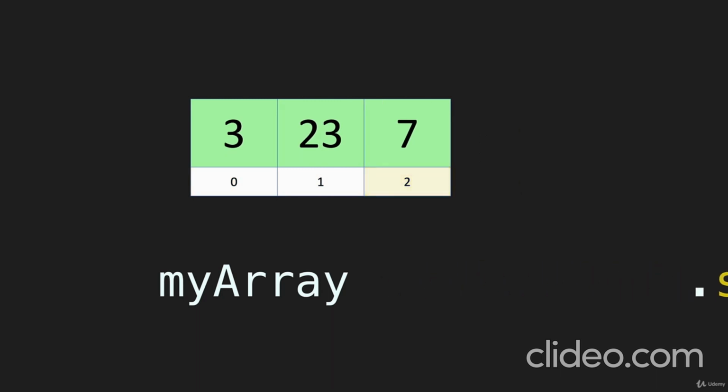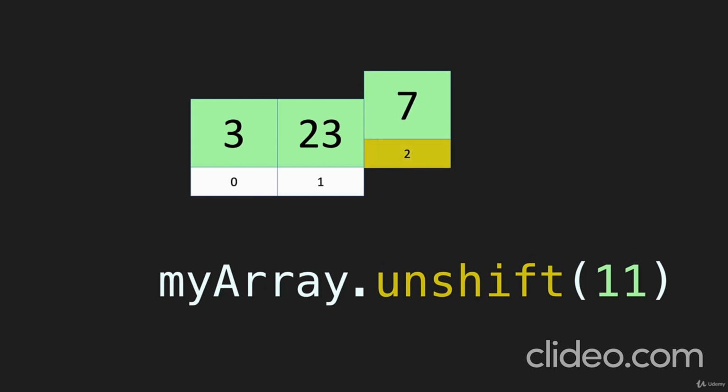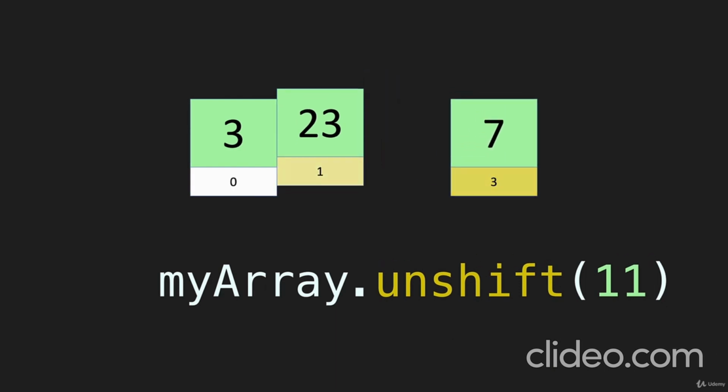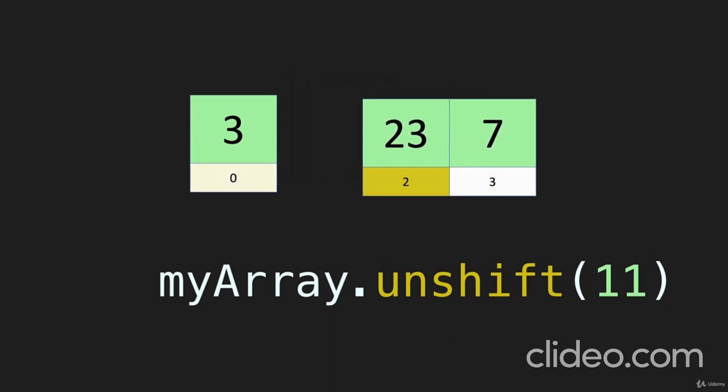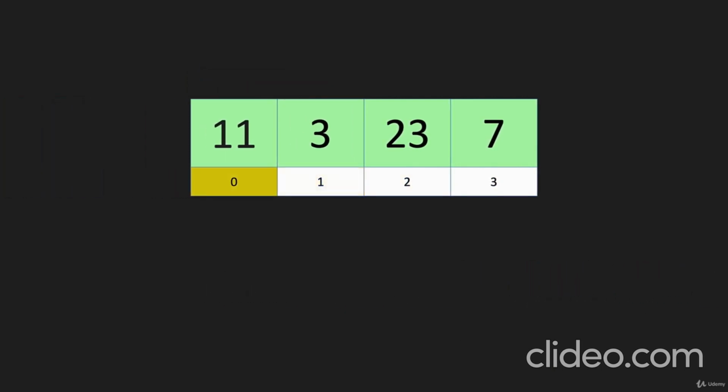Likewise, if we do an unshift and we bring that 11 back, we have to reindex everything in the array all the way down just to be able to bring this back. Not a big deal when we have a small array like this, but if we had one that had thousands of items, that's a lot of reindexing. So this is O of n, where n is the number of items in the array.